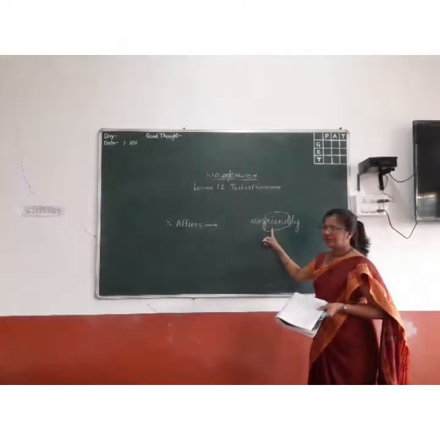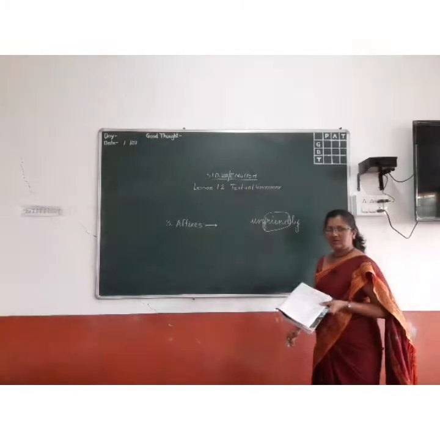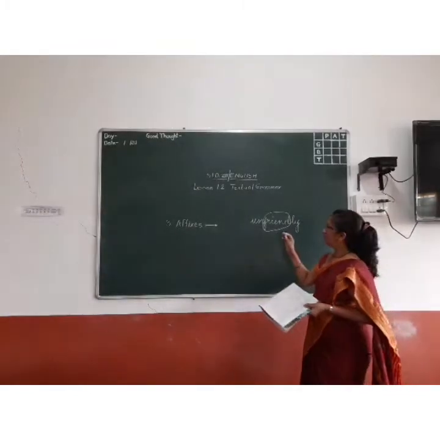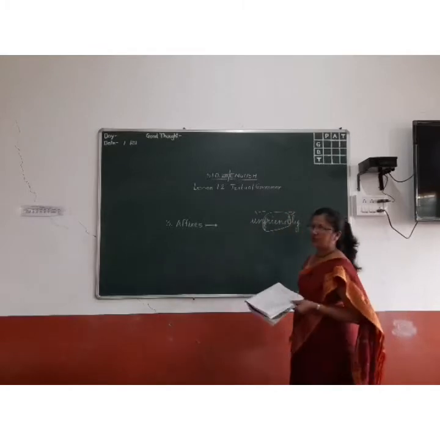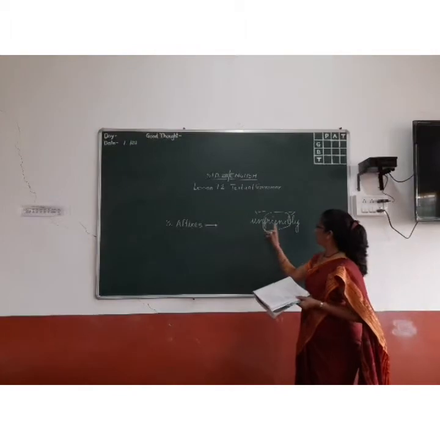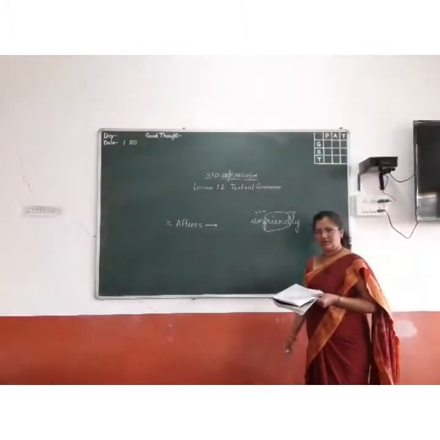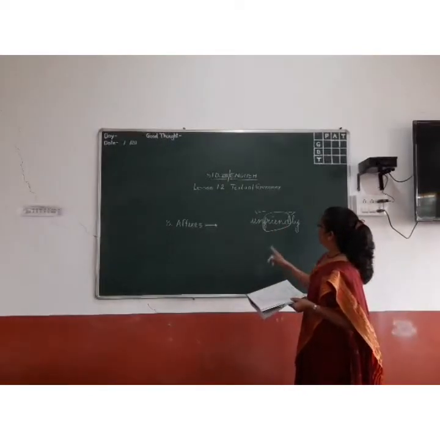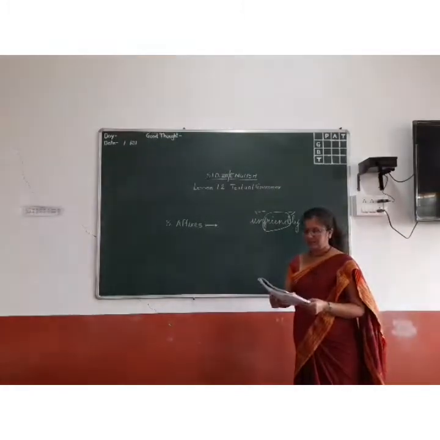Then we can see something before the word and something after the word. So in this case, it's prefix also and there is one suffix also to the root word. Prefix is un, suffix is ly. So friend is the root word, un is prefix, ly is suffix.